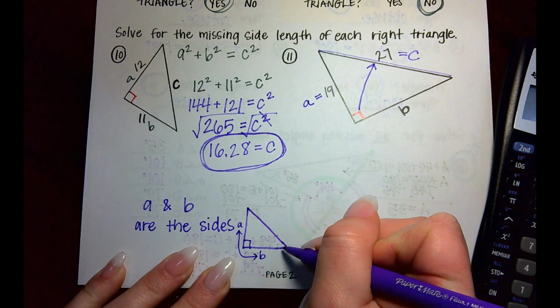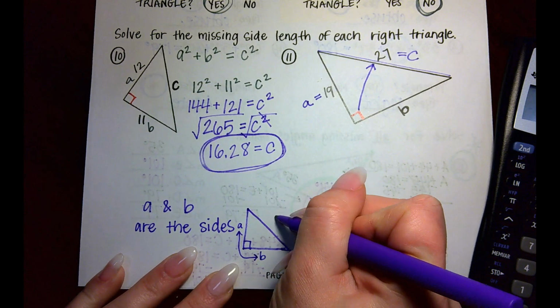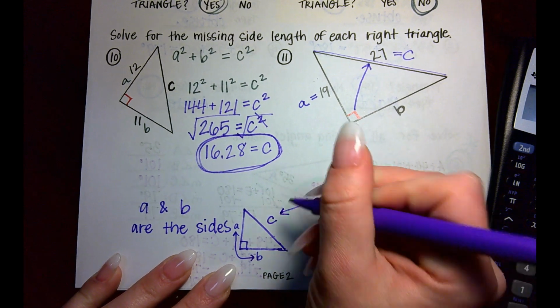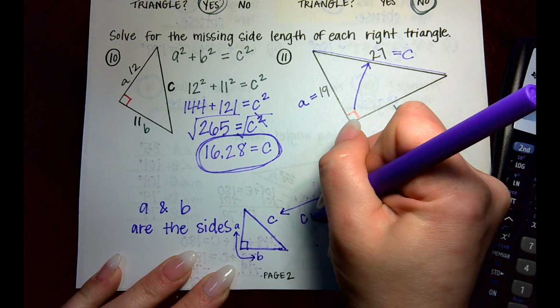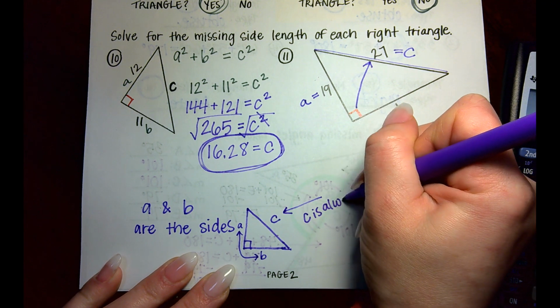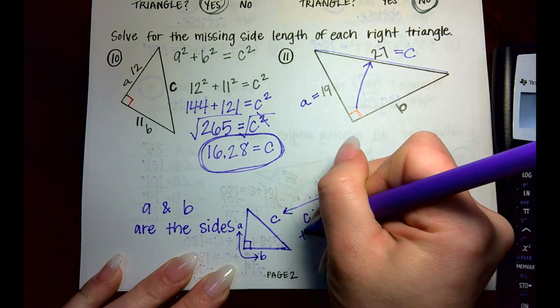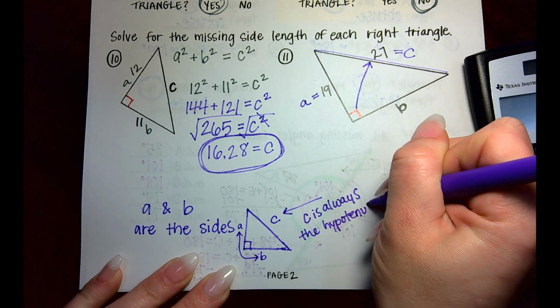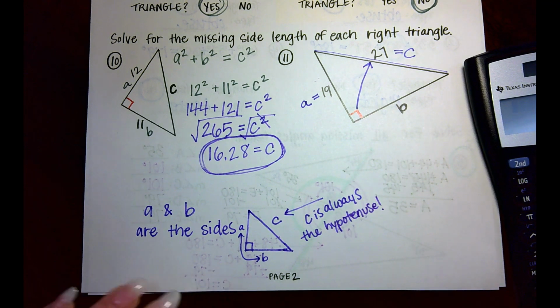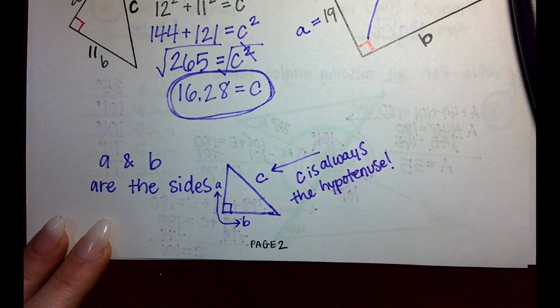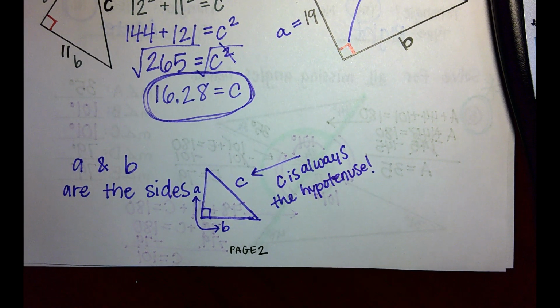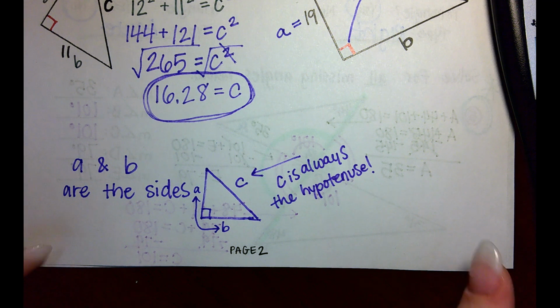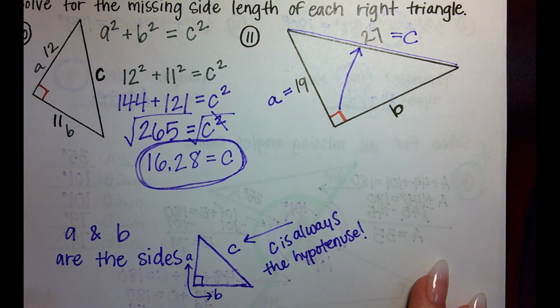C is always the hypotenuse. So if you wanted to make a little note there, there's something you could write. And I'll keep that to the side.